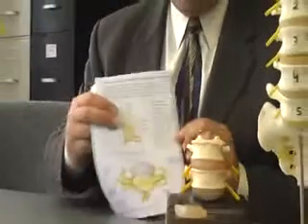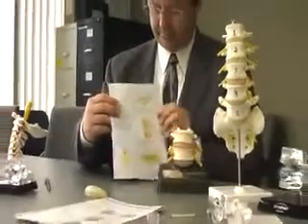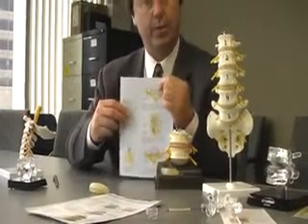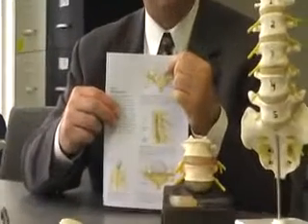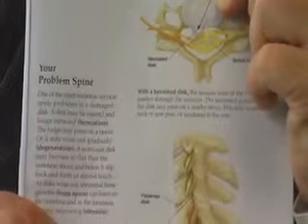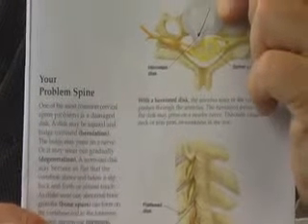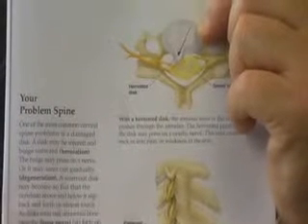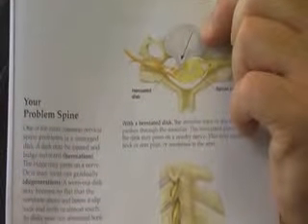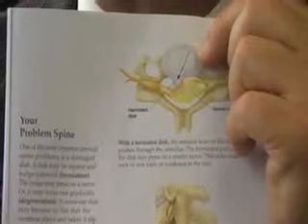When the disc herniation occurs, the disc material bulges back and hits the nerve going down the arm, and this causes the arm to be very painful. And that's analogous to the leg being very painful when a disc herniation occurs in the lumbar spine.